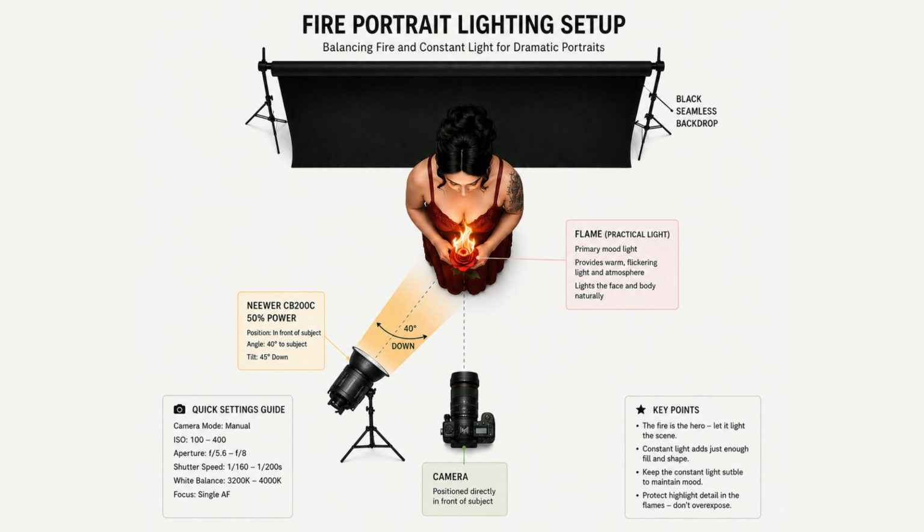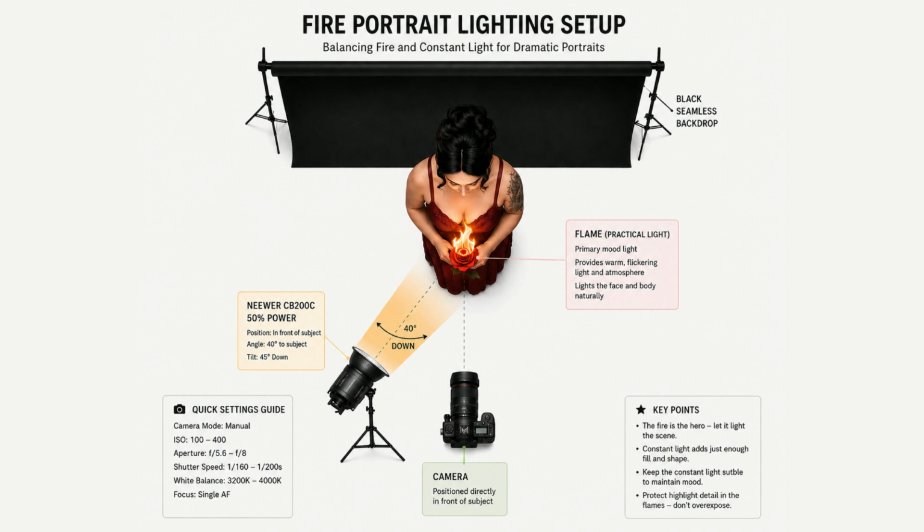As I said, white balance, I was roughly at about 5,600 Kelvin. And you could use single autofocus to make sure that the focus is on the model's face, not on the flames when they go.